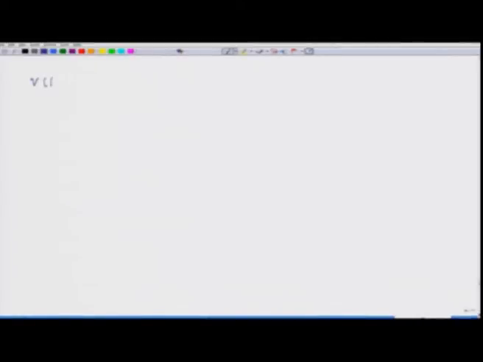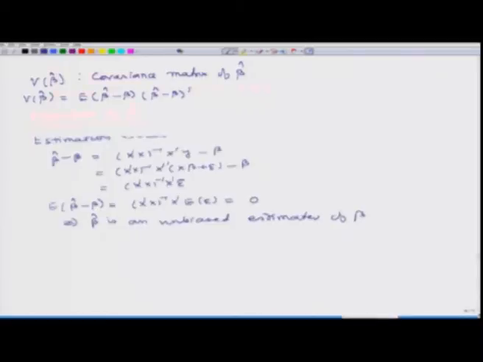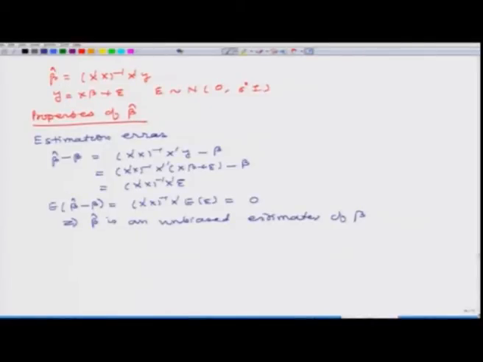So, the covariance matrix of beta hat is expressed as expected value of (beta hat minus beta)(beta hat minus beta) transpose. And you may recall that in the earlier slide we already had obtained the expression for beta hat minus beta.